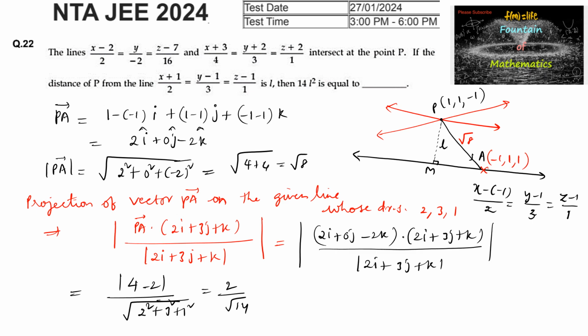So we got this value AM is equal to 2 by root 14.